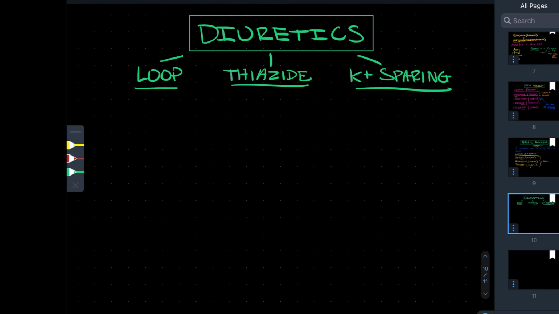For thiazide diuretics, these are things like, this is a big word, I'm going to break this up for you: hydrochlorothiazide. Okay. Hydrochlorothiazide, which you're going to see abbreviated to HCTZ, because nobody wants to write this out all the time.